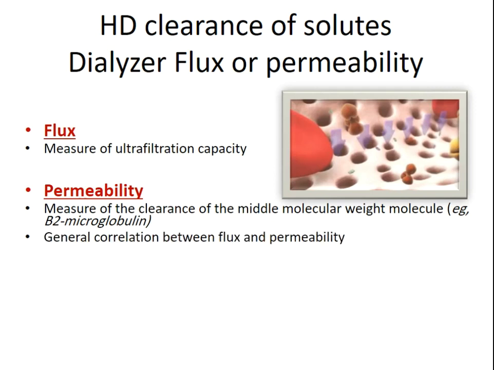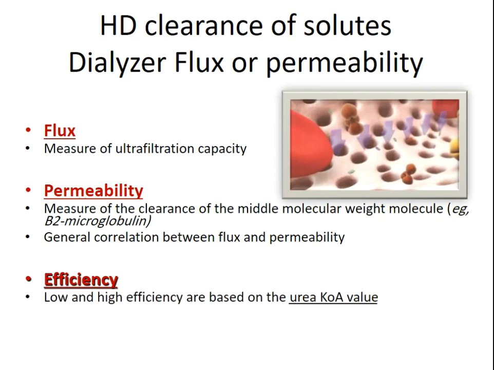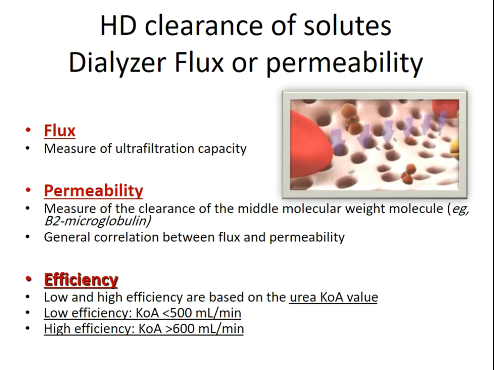A general correlation between flux and permeability happens, while efficiency depends only on the urea KoA value. We have low and high efficiency based on that. Low efficiency has a KoA value below 500 milliliters per minute, while high efficiency has a KoA value above 600 milliliters per minute.